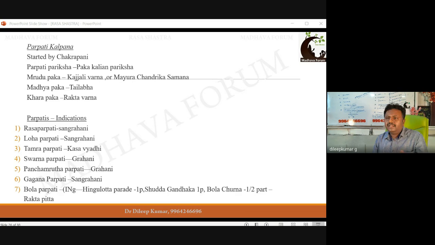Or keep water in a vessel, tie a cloth on top and keep the Vasa. Just give steam for 10 to 15 minutes. Easily we can extract Swarasa from Vasa. No need of Putapaka. You will get a small quantity of Swarasa, but it's more than enough. 10 to 20 ml of Swarasa is enough as a single dose. Many of my patients are practicing this Vasa Swarasa in Pradhara. They are getting very good results.